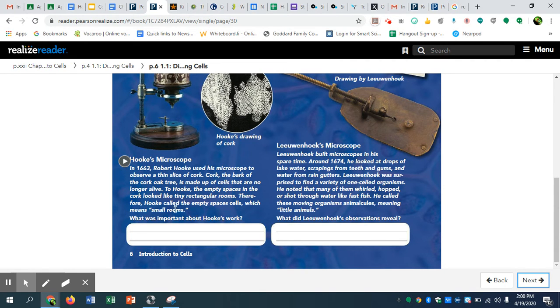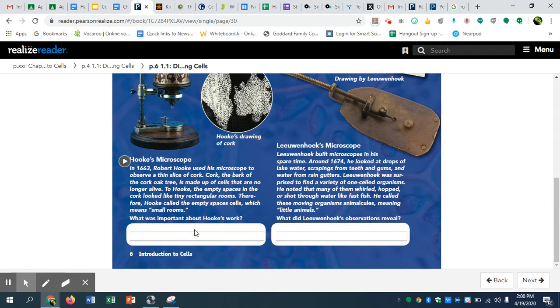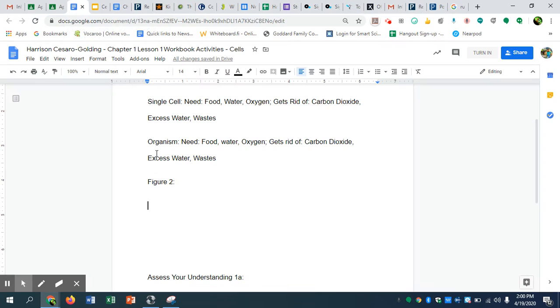Okay, so what was important about Hooke's work? What was important about Hooke's work was he was the first person to see cells, and he gave cells their name. So let's go over here to our activity. So for the first one, Hooke was the first person to see cells and to give cells their name.